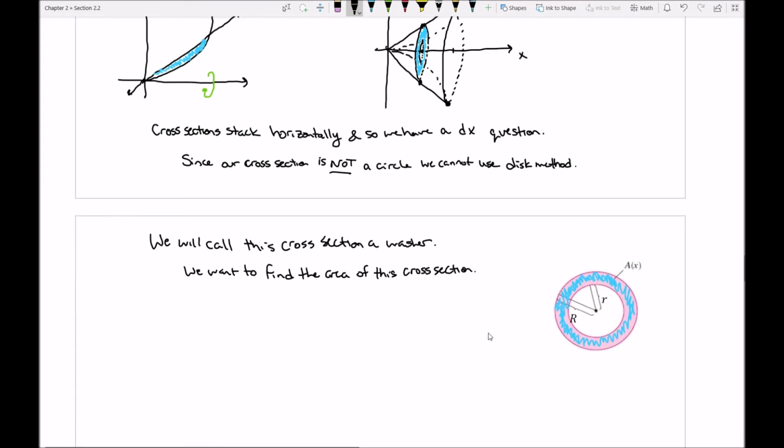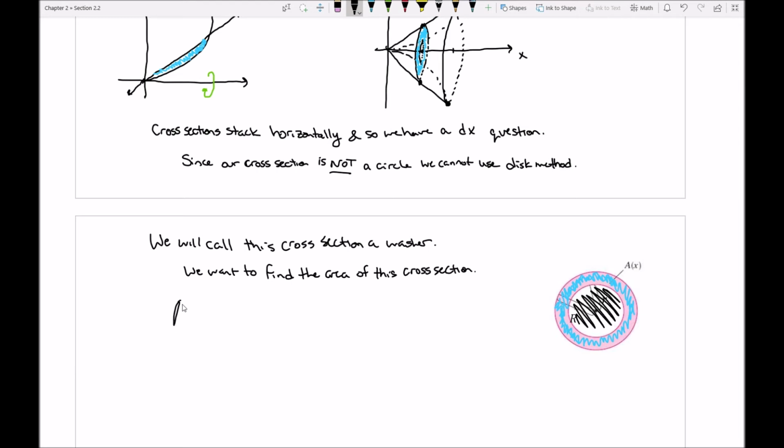Obviously, I can't do pi r squared because I don't have a circle, but I guess I have two circles. You can imagine that I have this big circle here that has a radius that you see I've marked with capital R, but I also have this smaller inner circle here that I've given a radius of little r. And so maybe I could do the following.